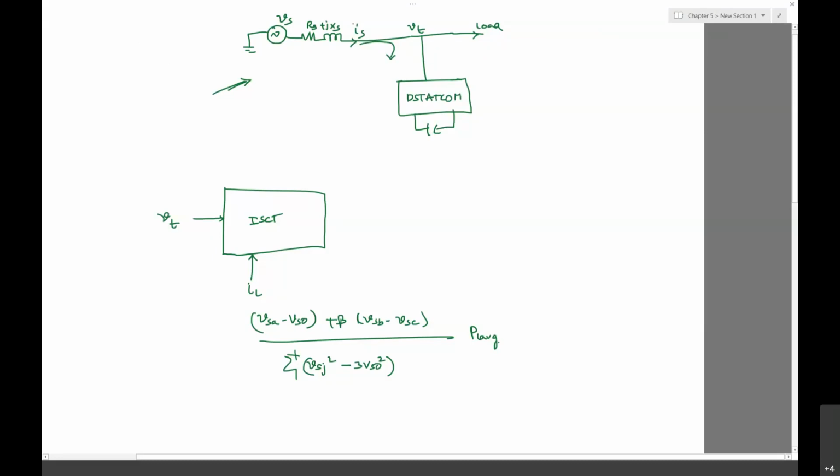Whatever the current is, it is supplying the load average power as well as the DC power. For that, what we require is to make out the PDC.